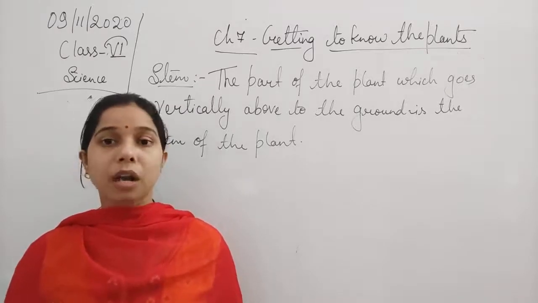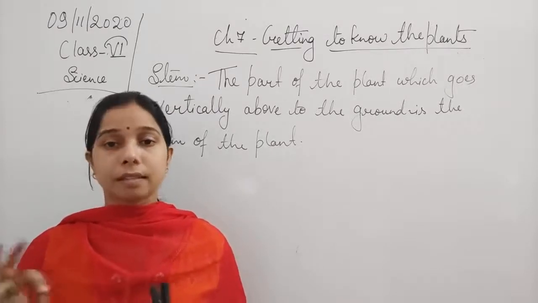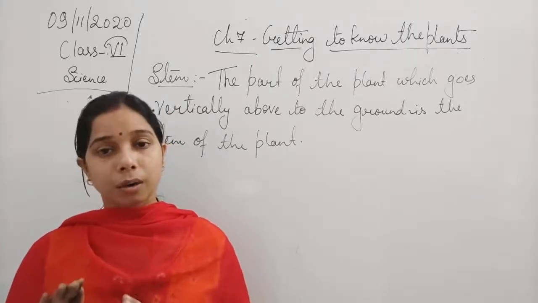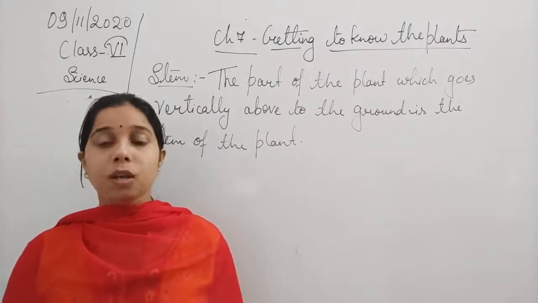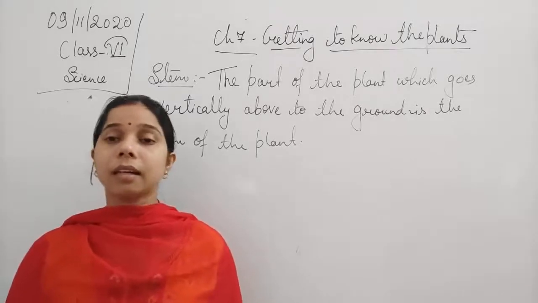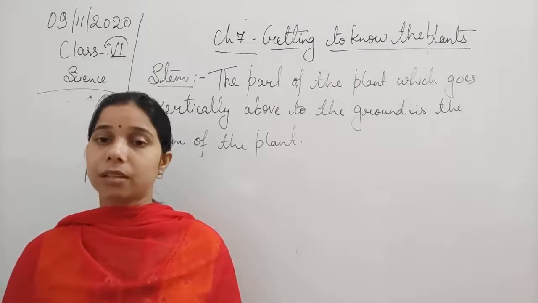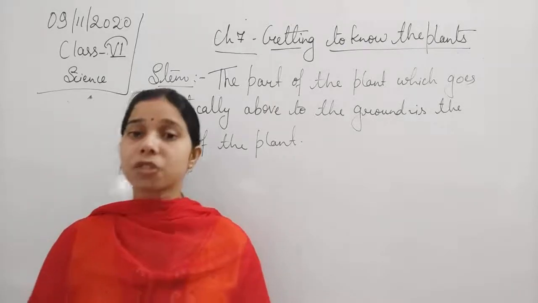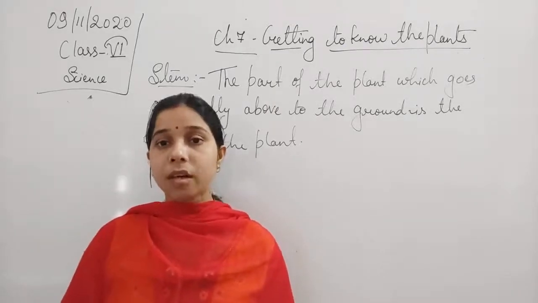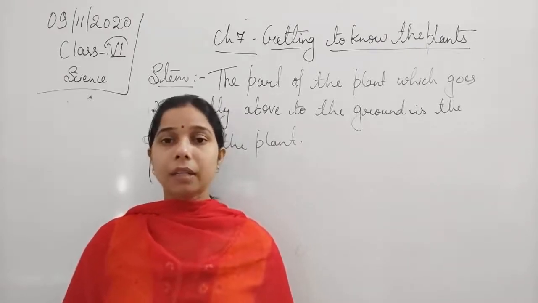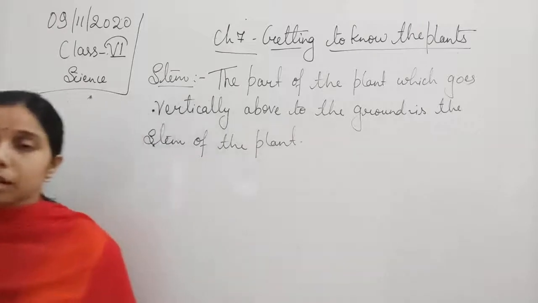Actually, it is the trunk only on which the branches, the leaves and the fruits they used to hold on. Okay, so we can say that in the trees, a thick stem, a big thick stem is there, which is known as a trunk, help in holding the tree and keeping it stand upright or erect.